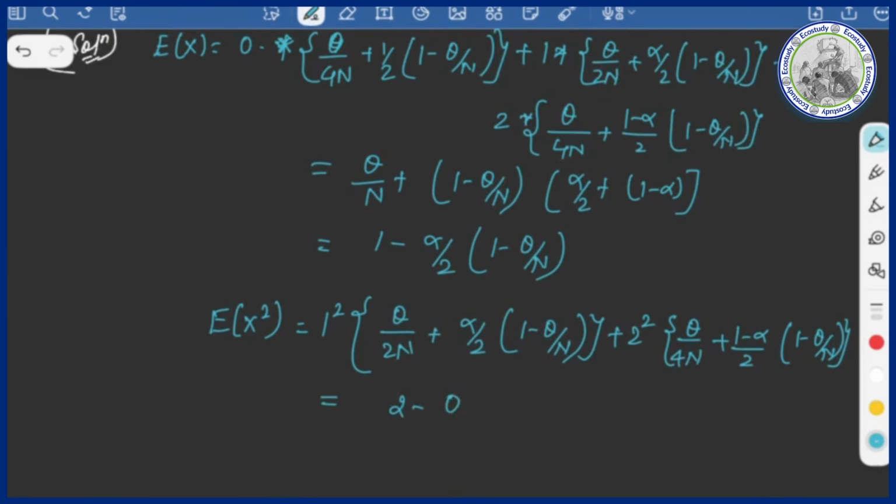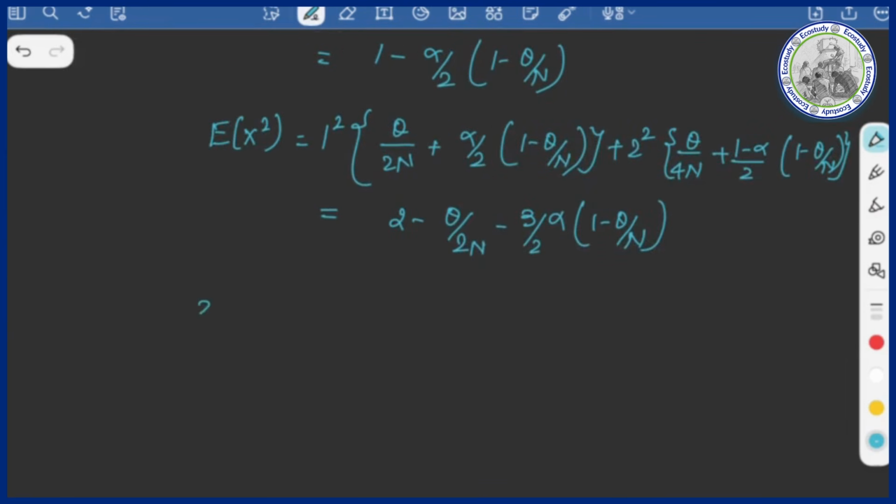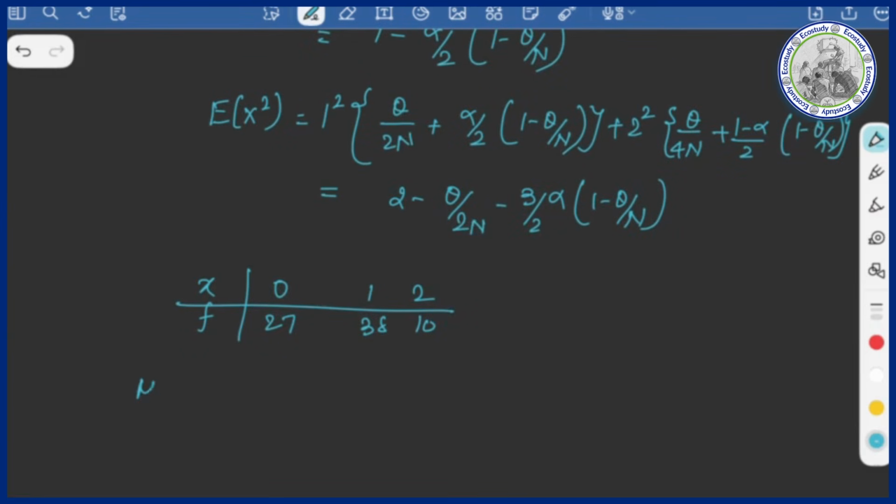After you solve this, you will get 2 minus theta upon 2n minus 3 upon 2 alpha into 1 minus theta upon n. Now what is the sample frequency? x and f: 0, 1, 2 with 27, 38, 10. So calculate it. Mu1 is what? 1 upon n sigma fx, that is 1 upon 75 into 38 plus 20.